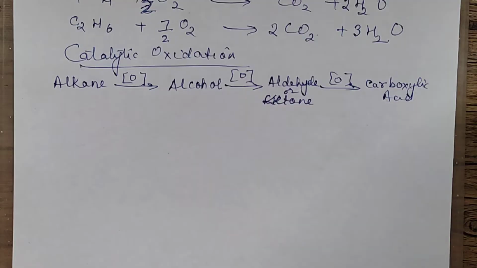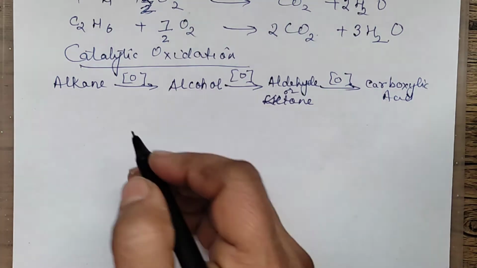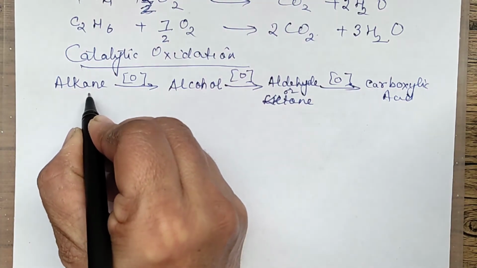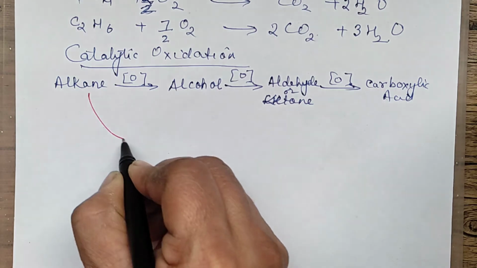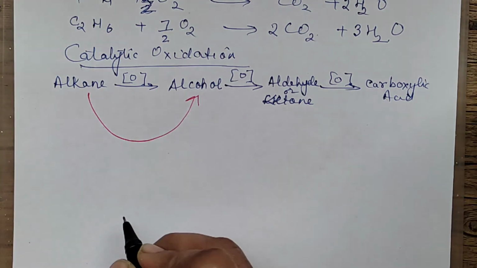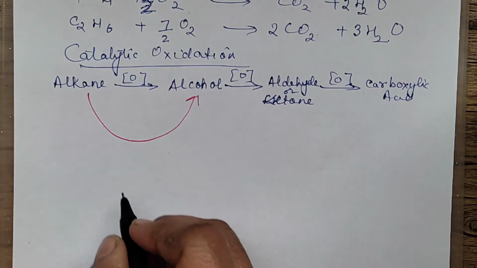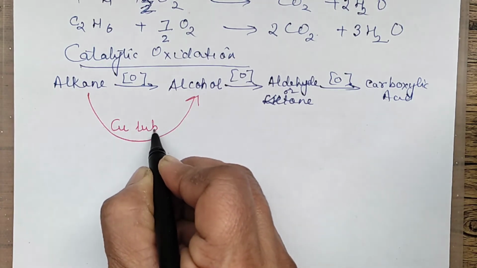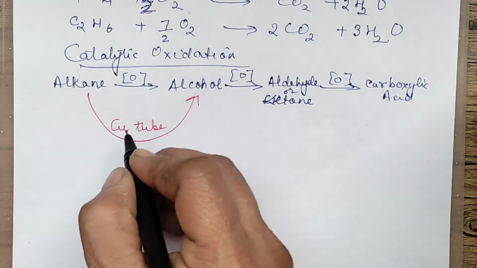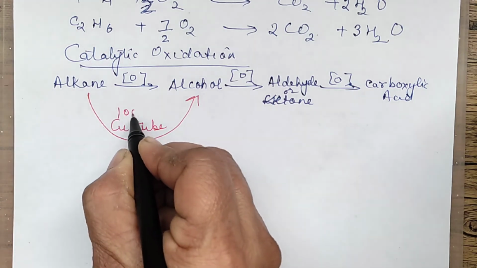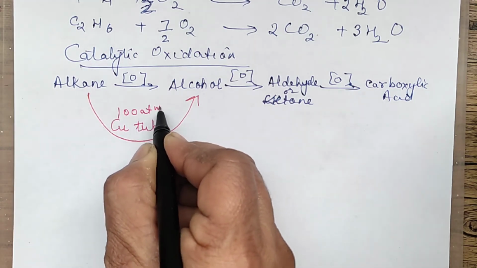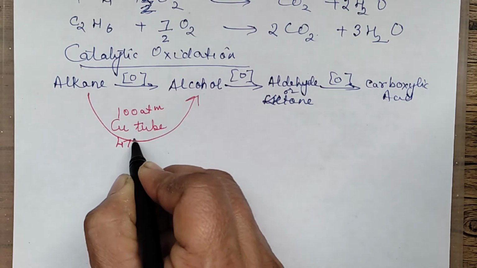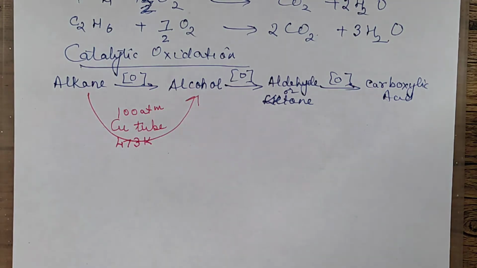So if we want to carry out the oxidation reaction starting from alkane, suppose we want to form alcohol, you will be carrying out the reaction in the presence of a copper tube, and the pressure has to be 100 atmosphere and the temperature is 473 Kelvin.